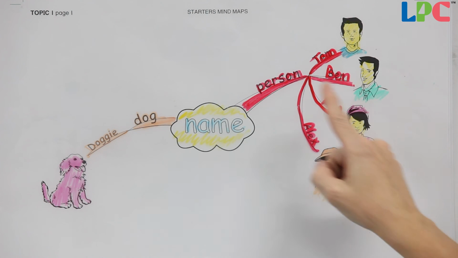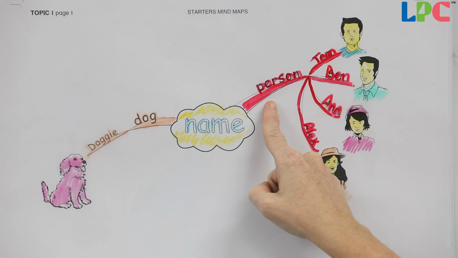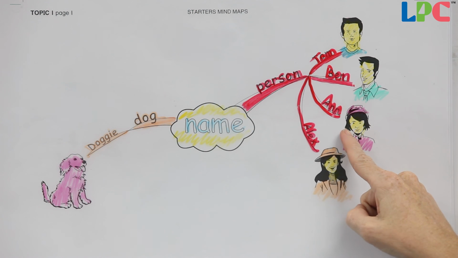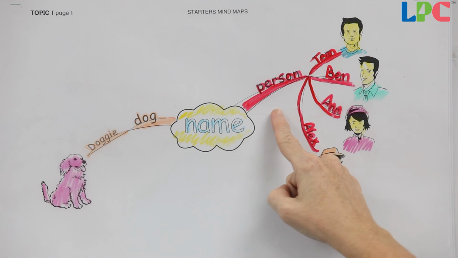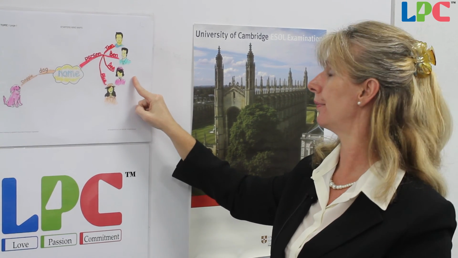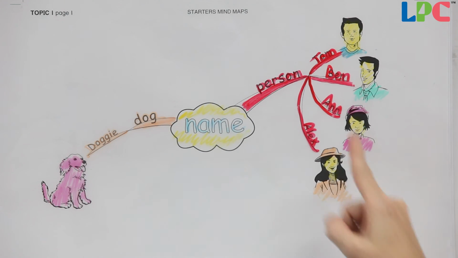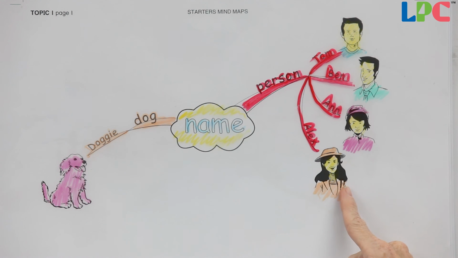She. She is a person. She is Anne. She is a person. She is Anne. Very good. She is a person. She is Alex.